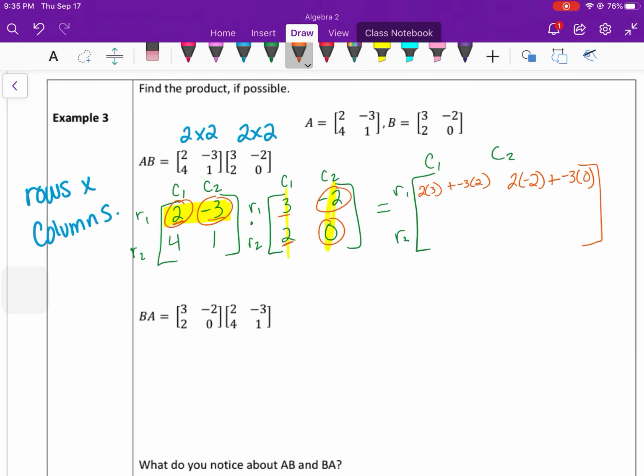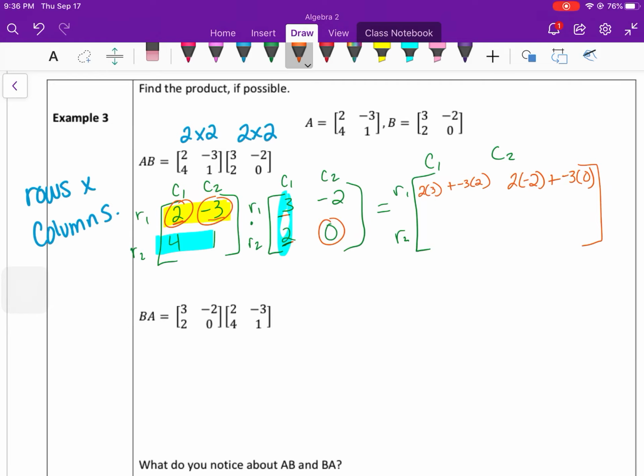Okay, so I've taken the first row and multiplied it by both columns. Now I need to take the second row times the first column, and that's going to go in the second row, first column of the answer.